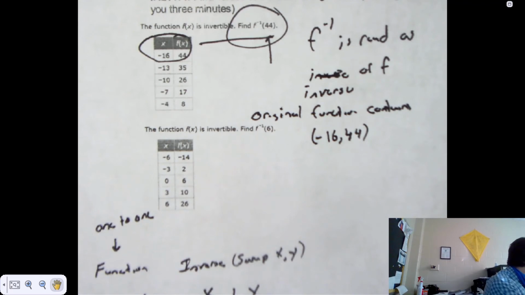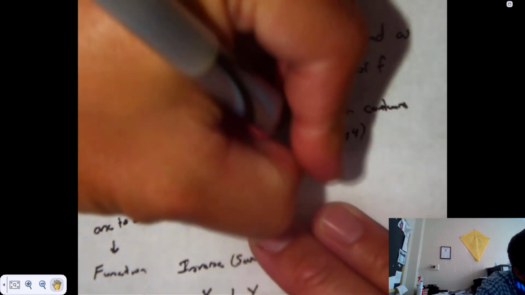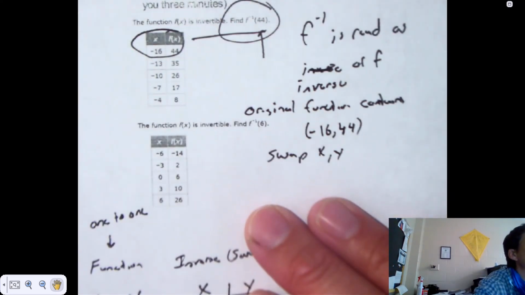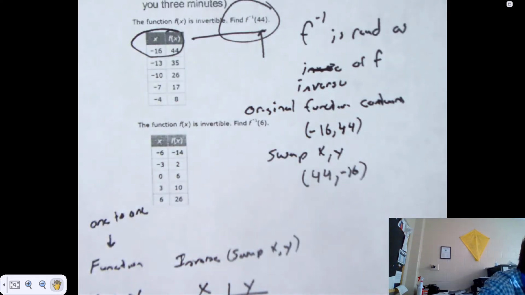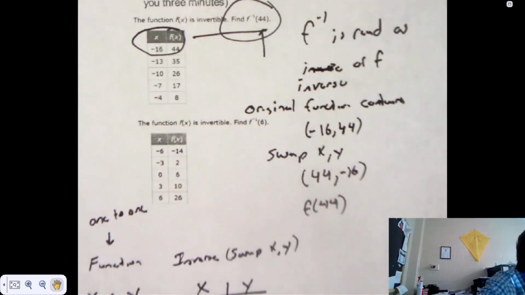You guys understand that? All we've got to do here is swap x and y. So now we can take the point 44, negative 16. That means if I plug in a 44, what's going to be returned in the inverse? Negative 16.